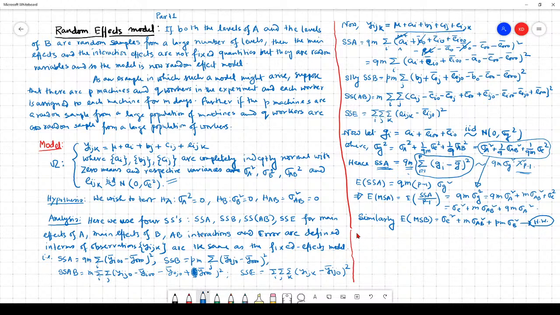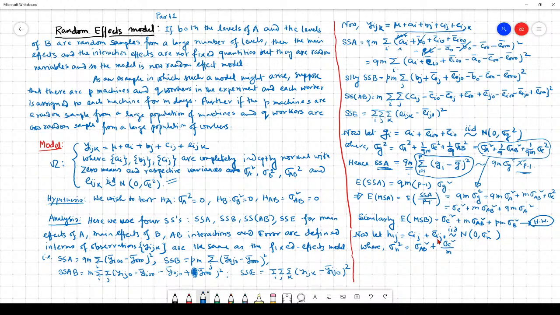Now let Hij equal Cij plus Eij not bar, which follows IID normal 0, sigma square h, where sigma square h is equal to sigma AB square, because the variance of Cij is sigma AB square, plus sigma E square by m.